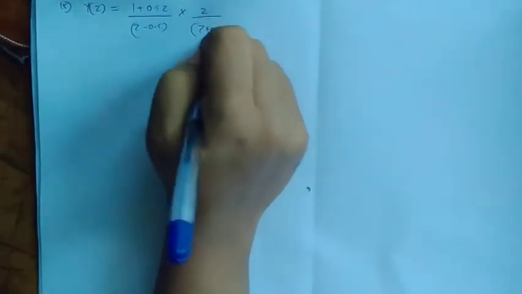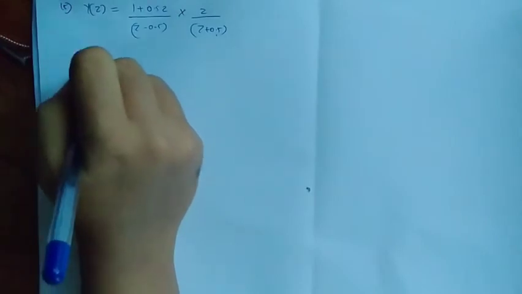Question: a causal LTI system with the input and output is given here, and we have to find out the initial value of y of n. So from the previous answer we know that Y of z equal to (1 plus 0.5 z) divided by (z minus 0.5) into z divided by (z plus 0.5), right?